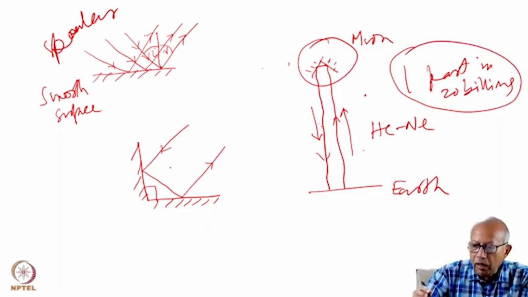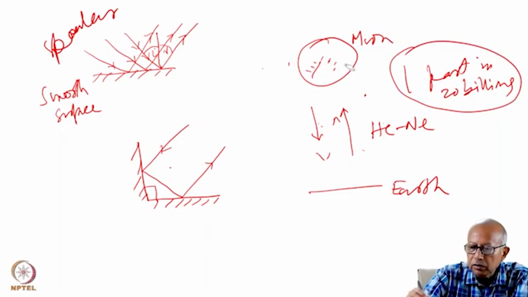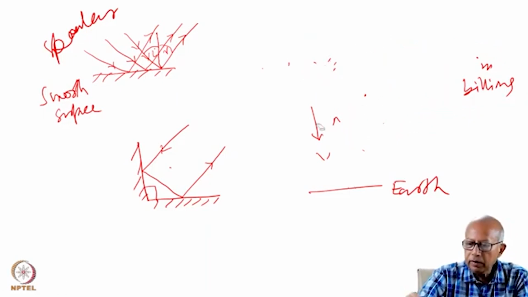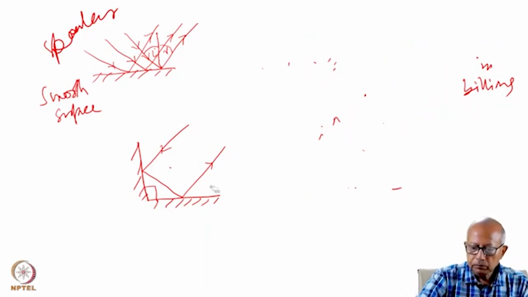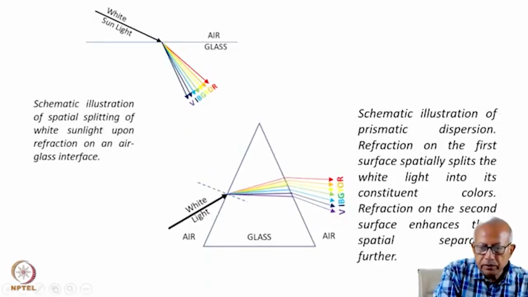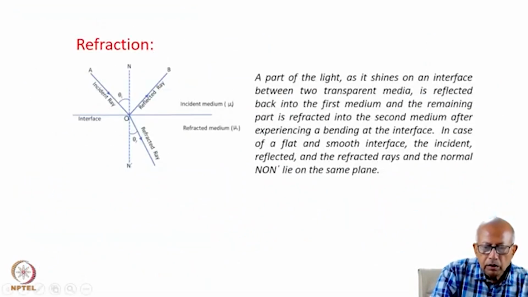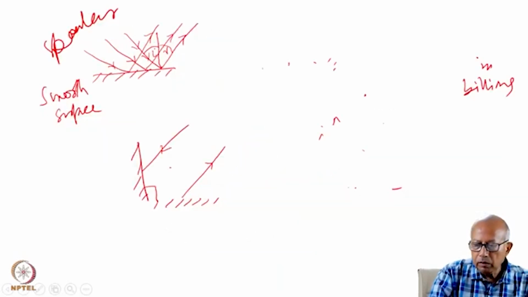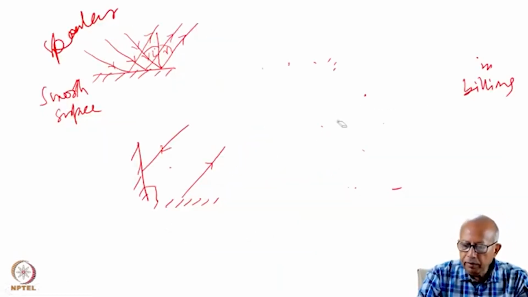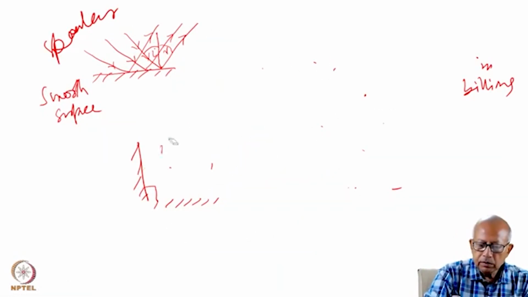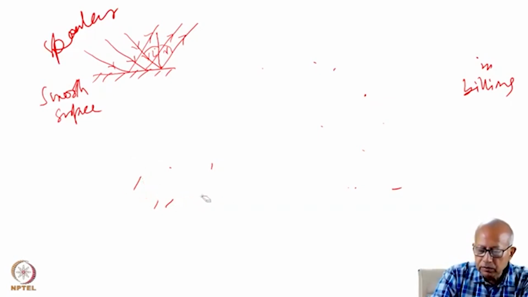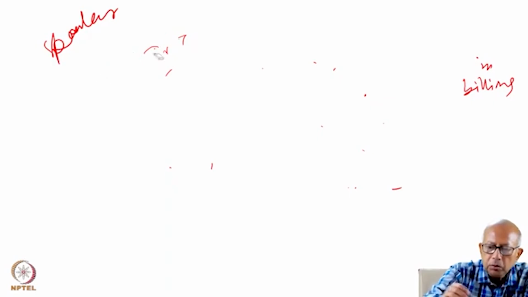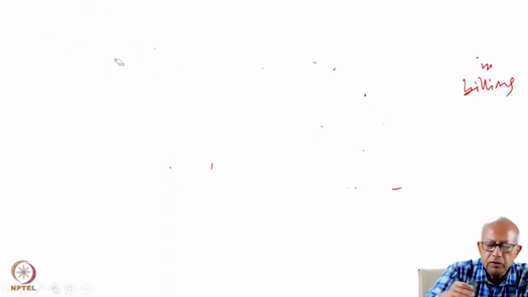All right. After retroreflection, we studied refraction. In refraction, light travels from one optically transparent medium to a second, which is also optically transparent.